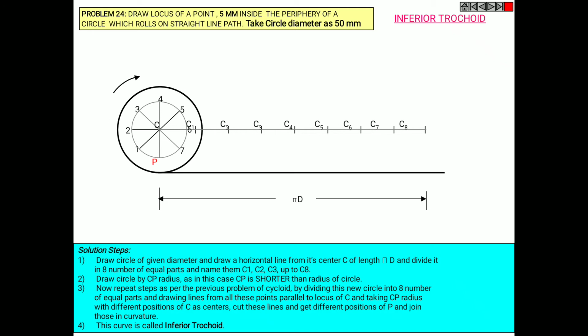Now extend the horizontal lines from P, and from 1 passing through 7, and 3 passing through 5, and from 4.